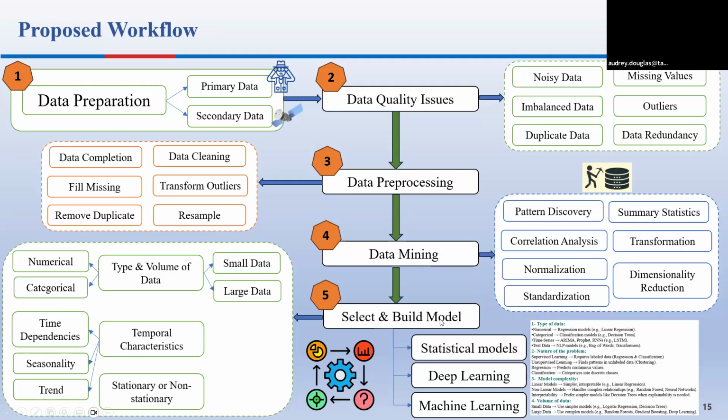Okay, step 5 here. Once your data set is pre-processed, it is time to select the appropriate model you need. A key consideration here is understanding the type of data set you have, as well as its size, okay?